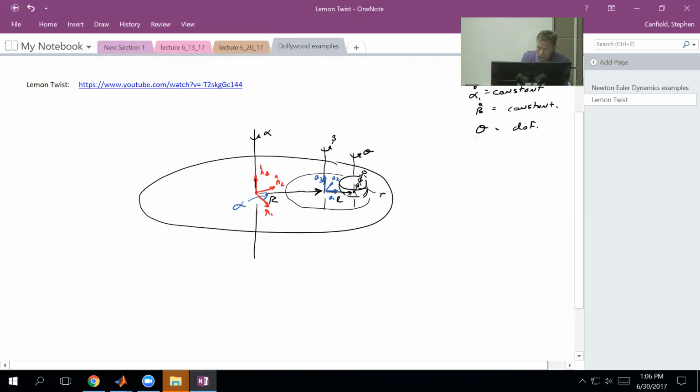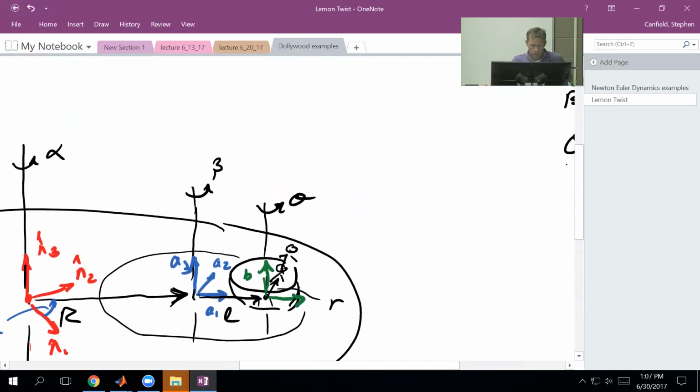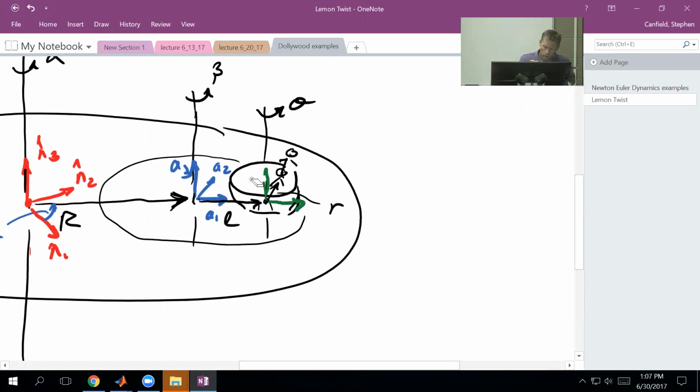That's going to be a little hard to see. I'll put this frame here. I'll zoom in and work on that part of the drawing. Let's call that my C3 axis there.